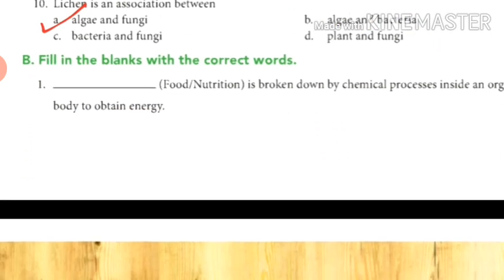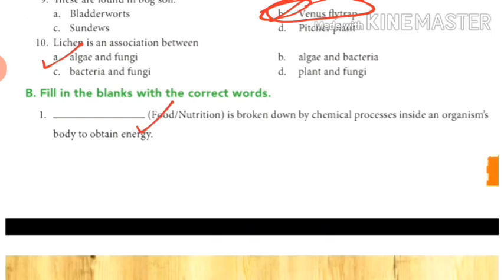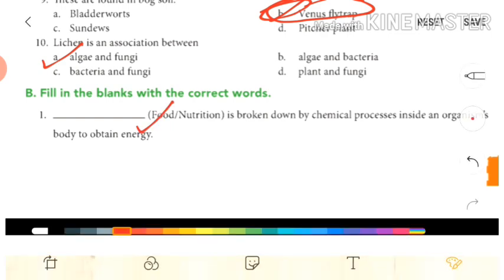Okay guys, now fill-ups. First fill-up is dash is broken down by chemical process inside an organism's body to obtain energy. So food will be broken down to get energy, right?